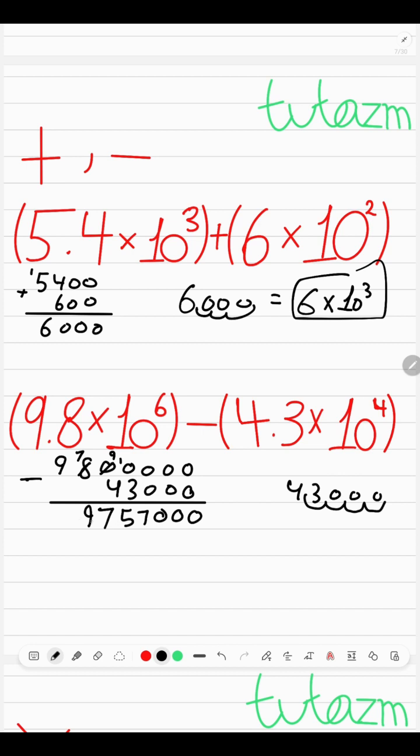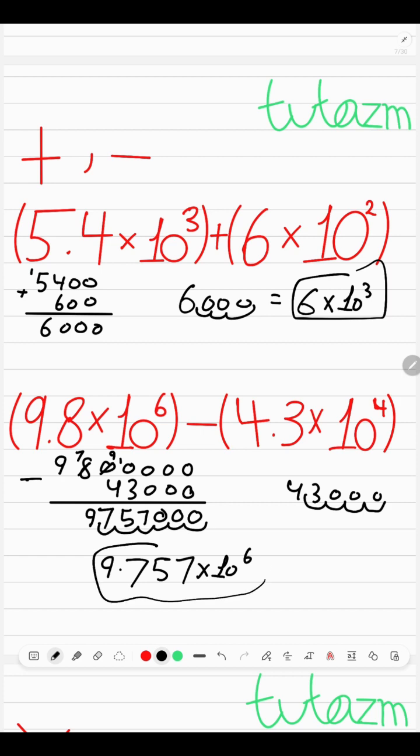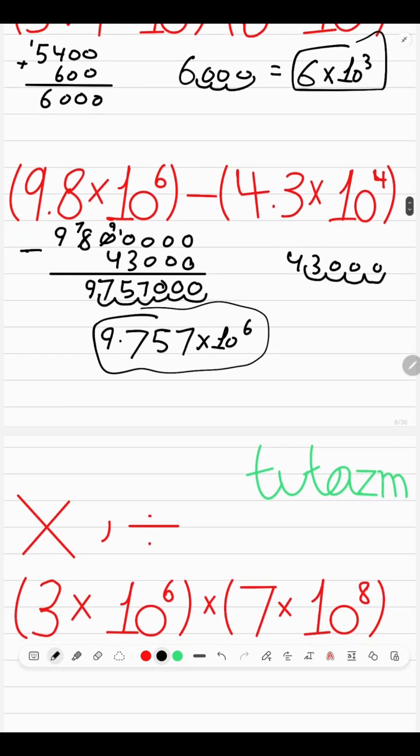So we'd have this number here, and the decimal point would go here. And there we go, 1, 2, 3, 4, 5, 6. So we'd have 9.757 times 10 to the 6. And that is our final answer.